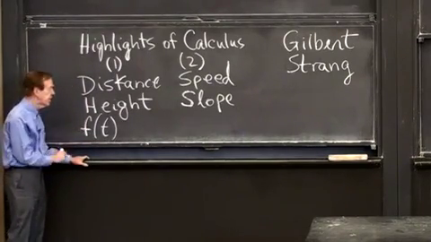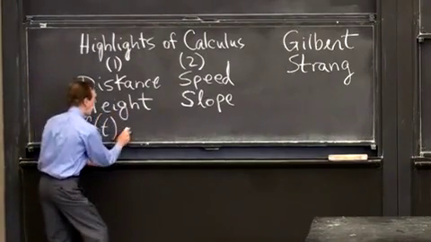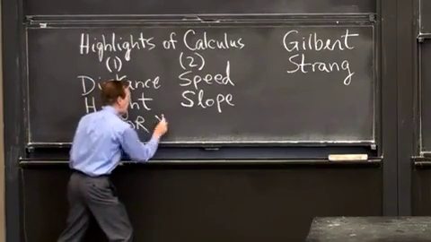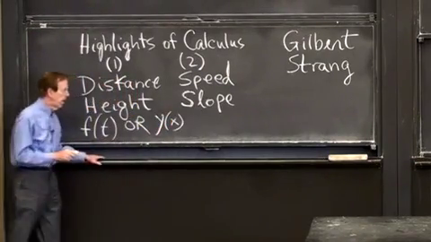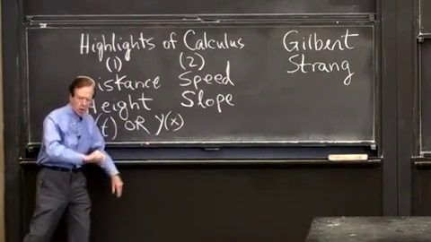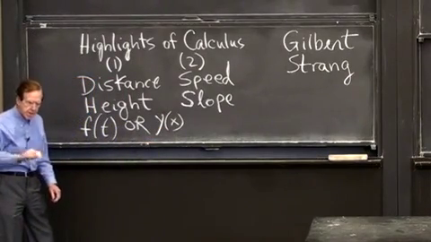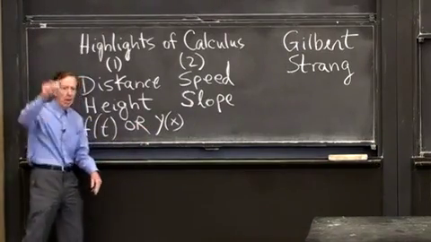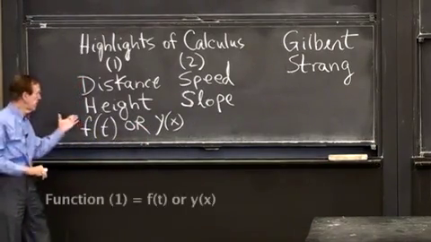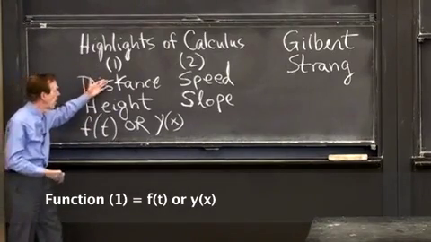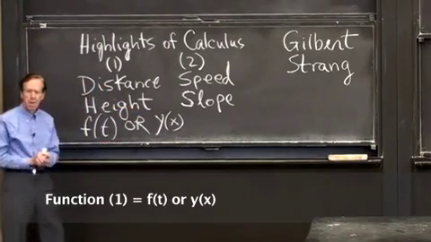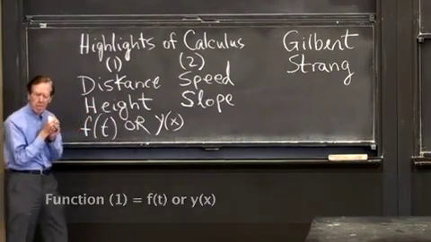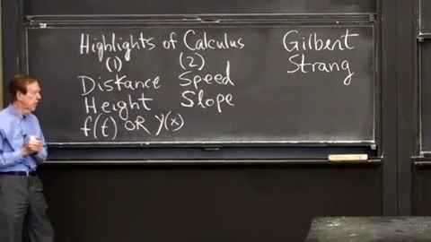The output is the distance. Or in the case of height, maybe y of x would be the right one. X is how far you go across. That's the input. And at each x, you have an output y, how far up. So F is telling you how far, y is telling you the height of a graph. That's function 1. Two examples of function 1.